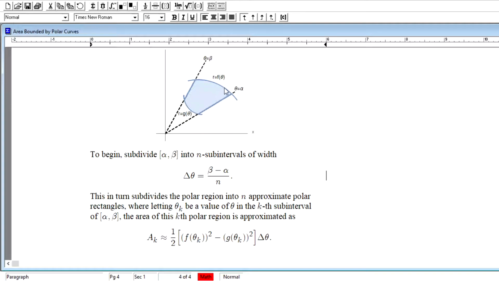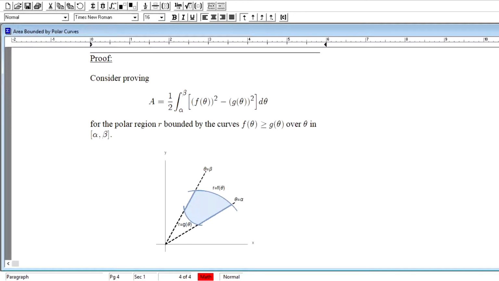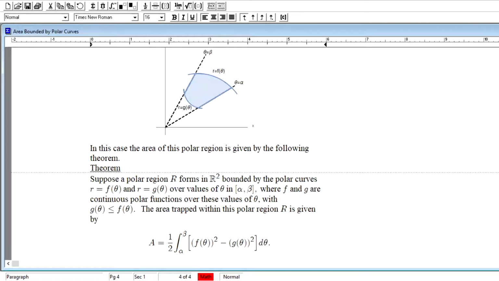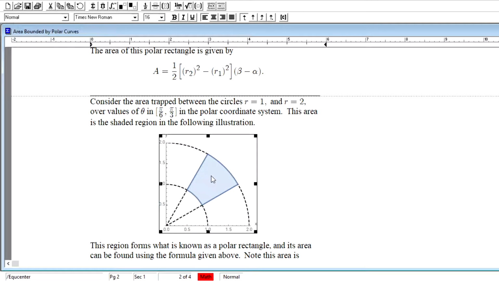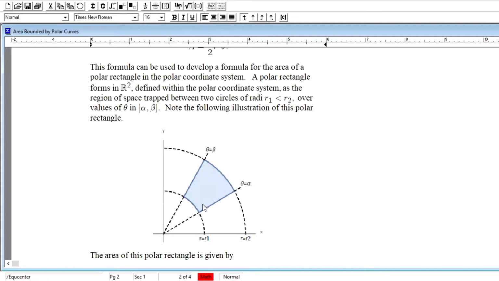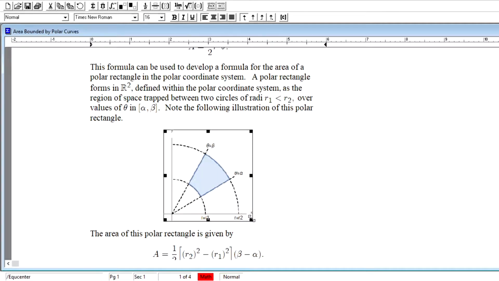If I think about slicing this up in a polar coordinate system, from g of theta to f of theta, making these slices along angle measurements from theta equal to alpha to theta equal to beta at equal increments, this will slice the region into these little tiny strips of polar regions, and those strips are essentially this shape seen back here, the shape of a polar rectangle.